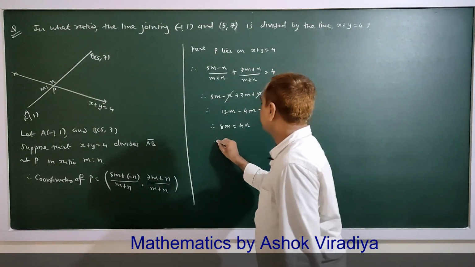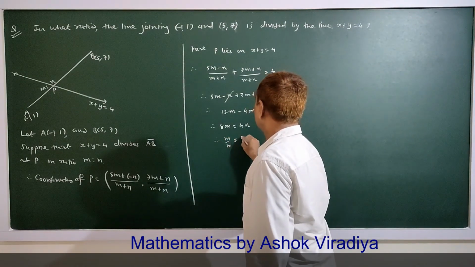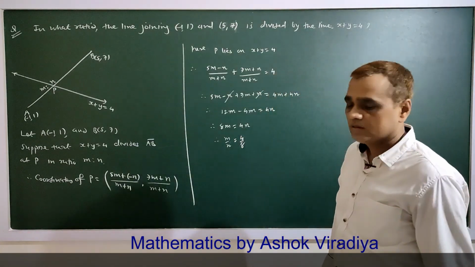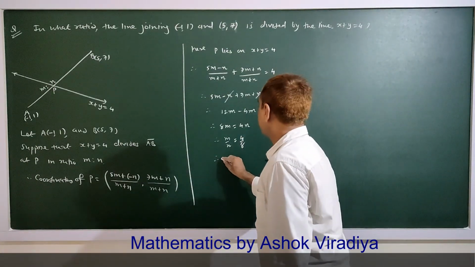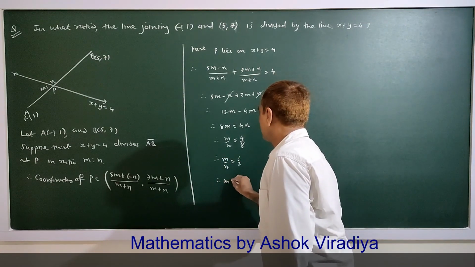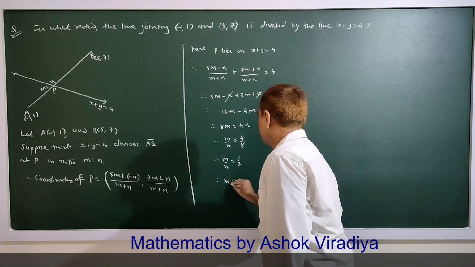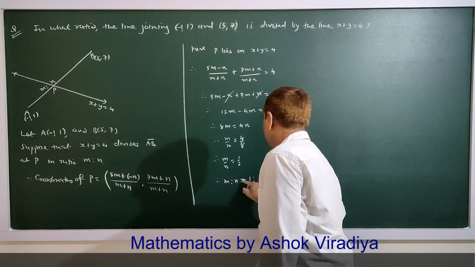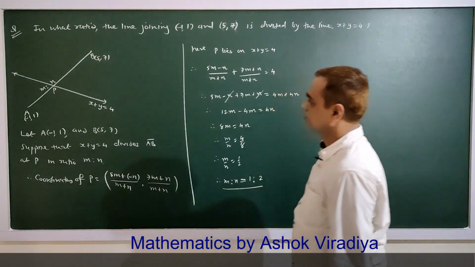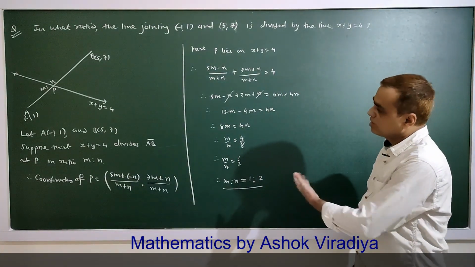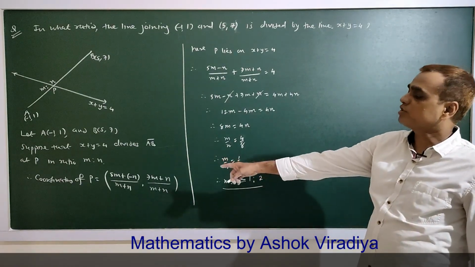So m by n is equal to 4 by 8. Therefore, m by n is 1 by 2. So required ratio is 1:2. This is required ratio. And using this value, we can calculate coordinates of P also.